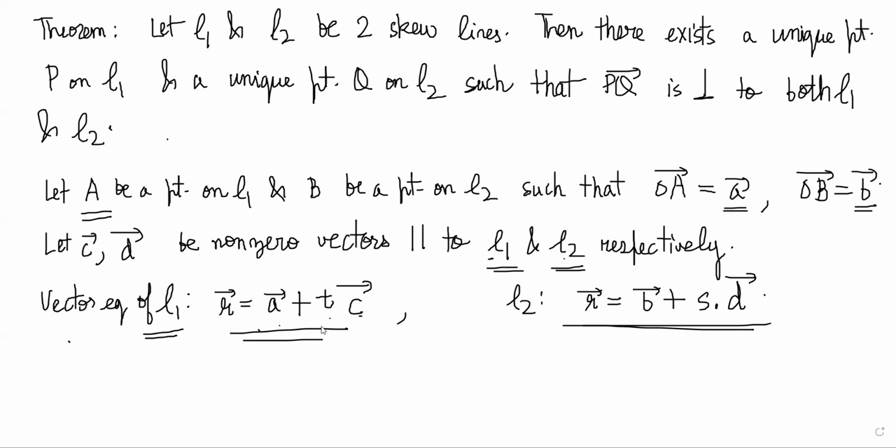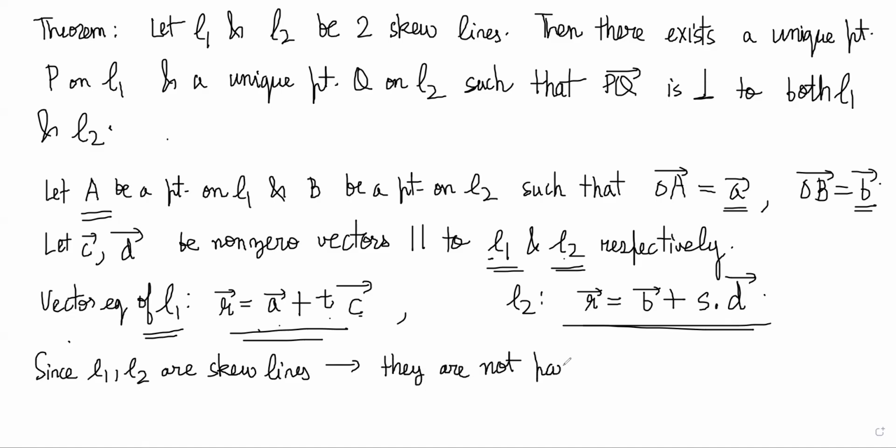And now, since L1 and L2 are skew lines, we can say that they are non-parallel. They are not parallel.